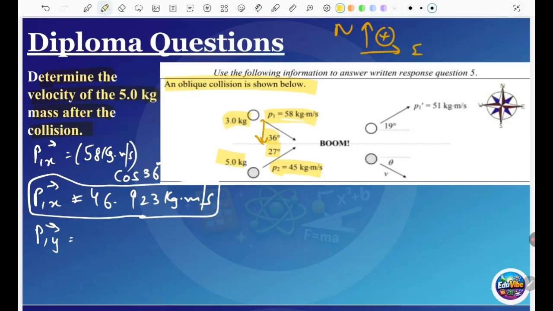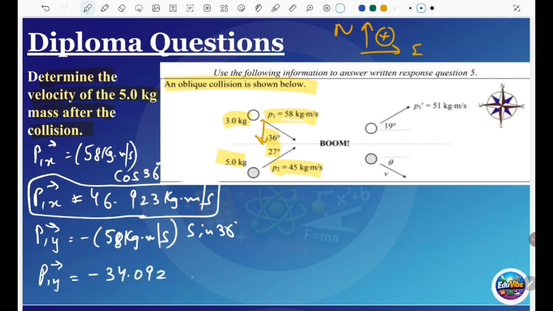This way for p1y we take negative 58 kg dot meter per second, and this is now sine 36 degrees. So when we find this, we get about negative 34.092 kg dot meter per second.